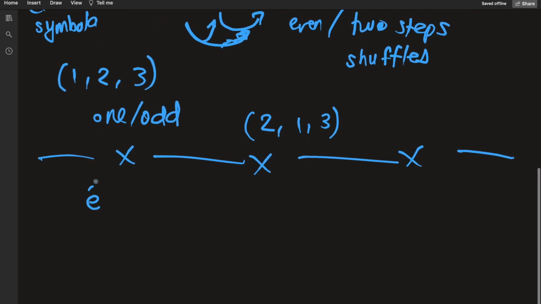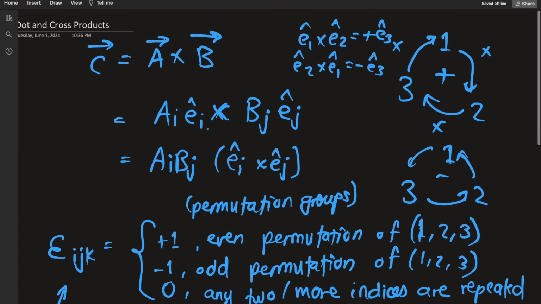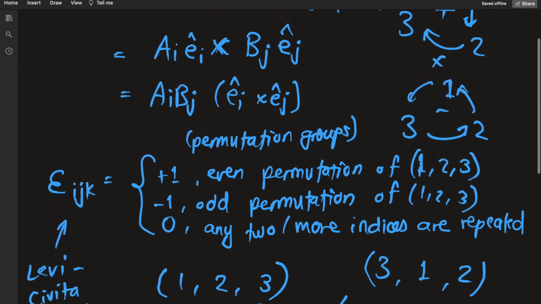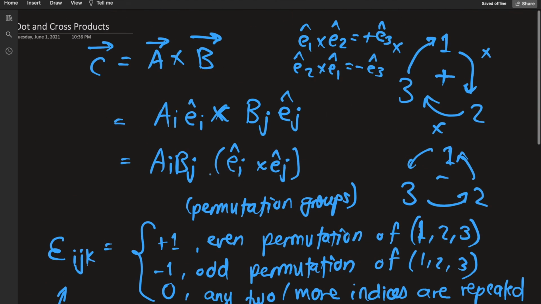The take-home message is, if you have these 2 basis vectors that are crossed with each other, you get epsilon i, j, k, where the first 2 correspond to the first 2 subscripts of those original basis vectors that were crossed, times E sub k hat, and this k is the last index of the Levi-Civita symbol, because the result of a cross product is a vector. You can't just remove them and put a scalar in place of this cross product, otherwise you get a scalar as a result of the cross product.